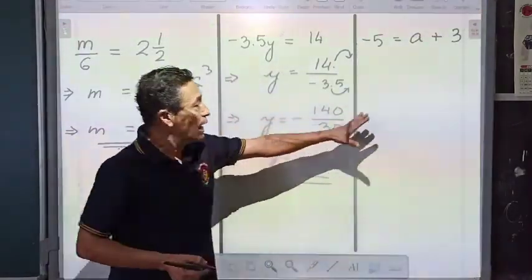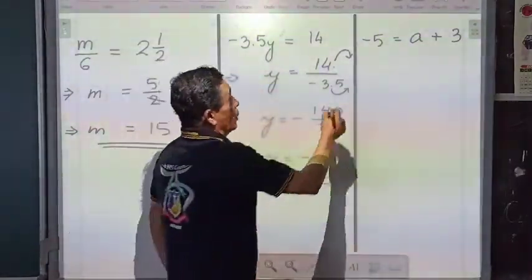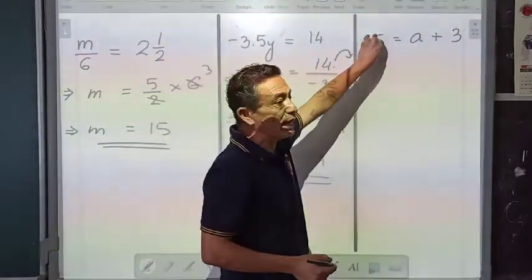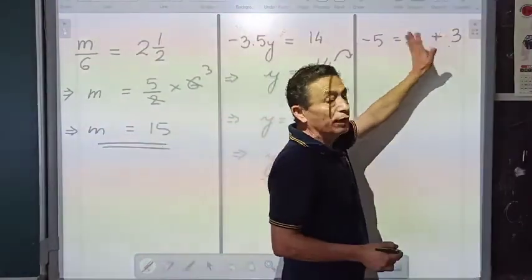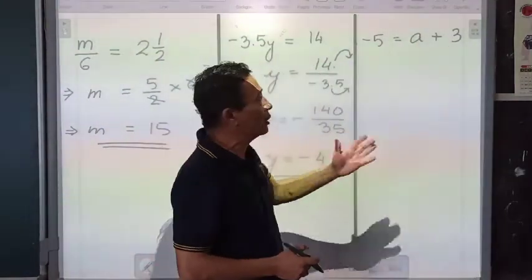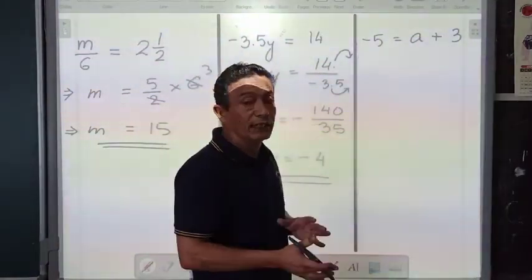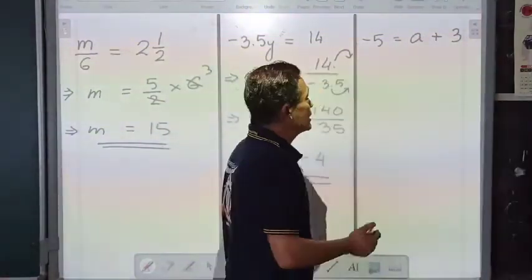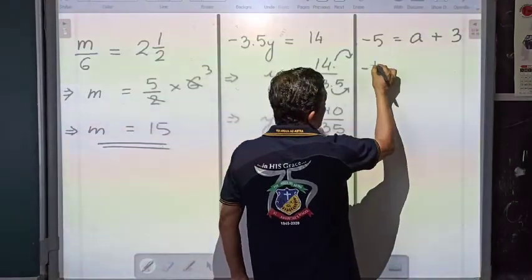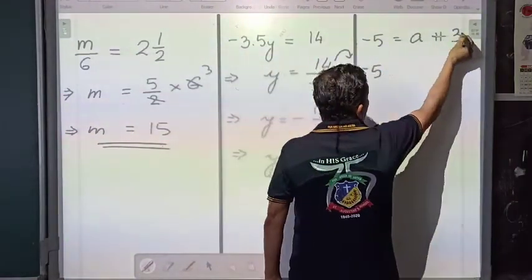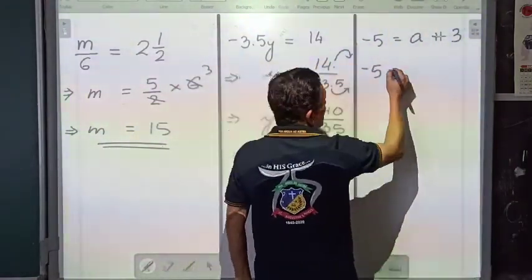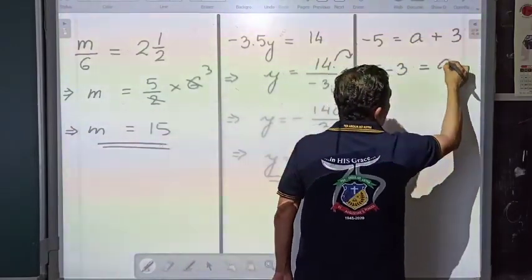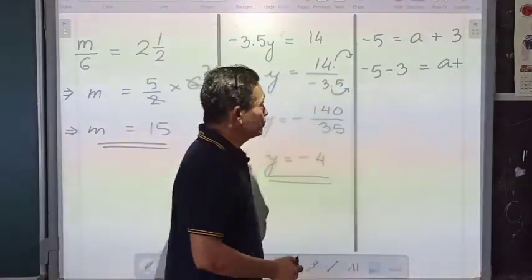And the last sum here. You can see on the left hand side I have a minus 5. My variable is on the right hand side. It does not matter whether it's on the right hand side or the left hand side. I can leave the a on the right hand side. So this is minus 5 plus 3 comes to the left hand side now, becomes minus 3 is equal to, I am left with a on the right hand side.